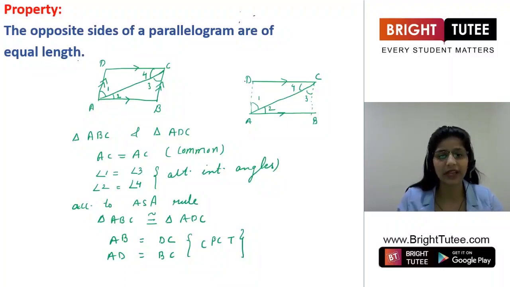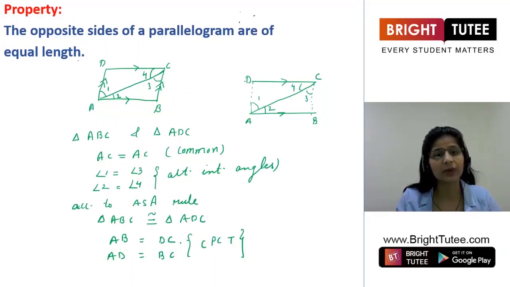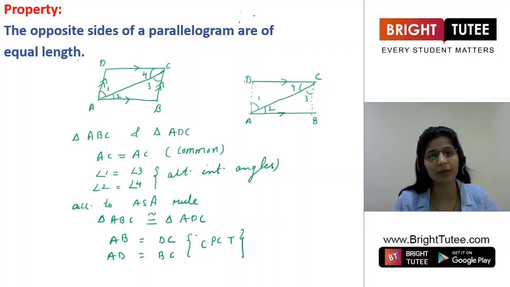So that means we have proved the pairs of opposite sides are of equal length. This is what we had to show in the theorem or the property, and that is what we have proved, that the opposite side in a parallelogram will be of equal length always. So we now have two things about the parallelogram. Okay, so it will be a quadrilateral having four sides.